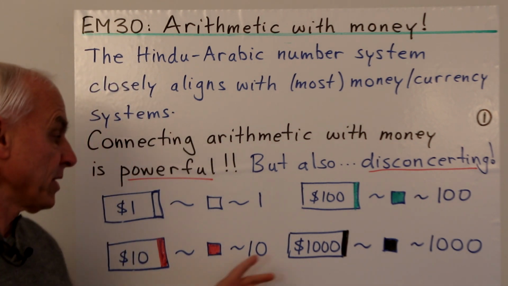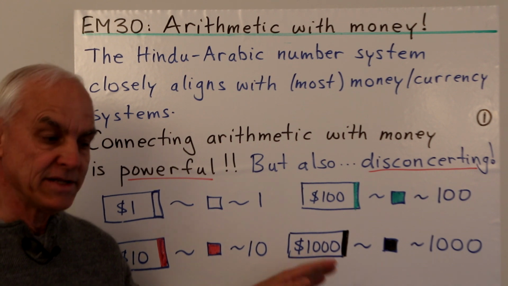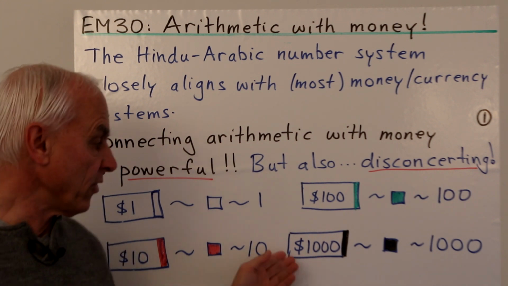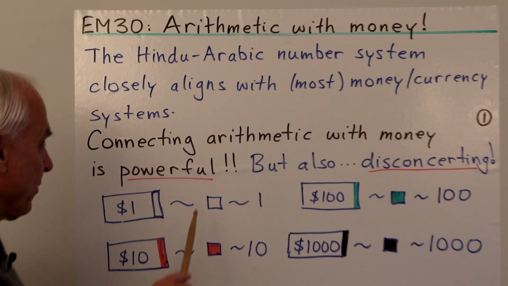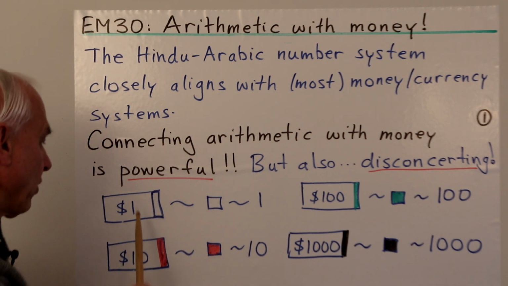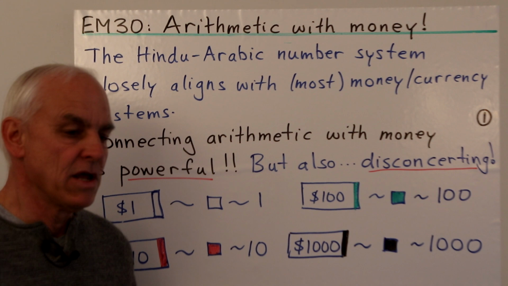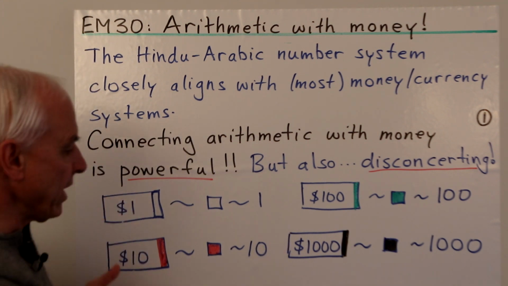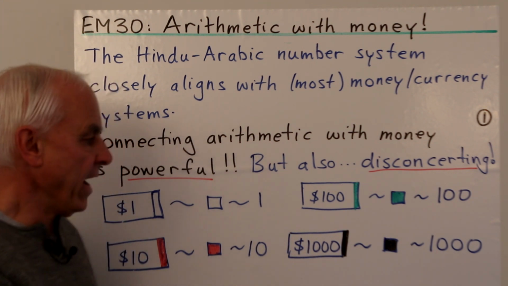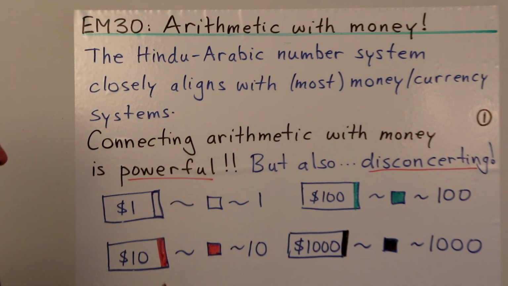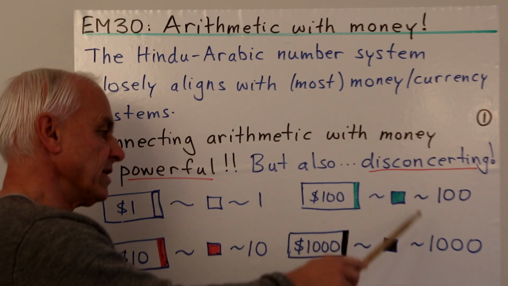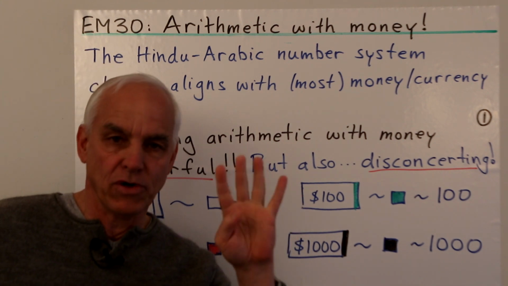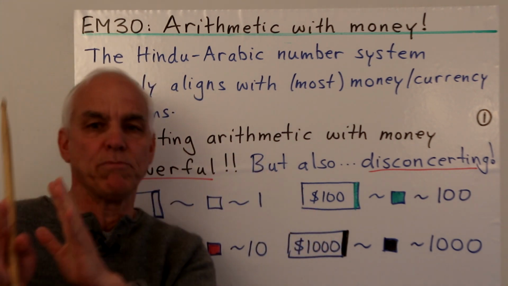Now in Australia, there is no $1,000 bill, and these days there's also in the US no $1,000 bill, although there used to be. So in practice, we'll probably mostly be thinking about $1, $10, and $100, but theoretically you could have bigger bills, and that connects a little bit more easily with our arithmetic because now we can smoothly talk about ones, tens, hundreds, and thousands in our Hindu-Arabic number system as corresponding with actual physical bills.